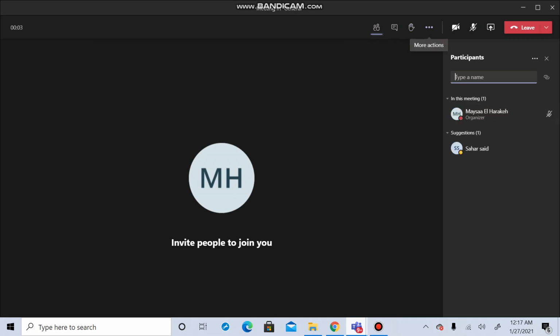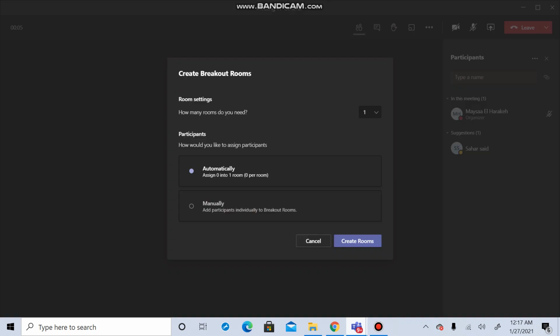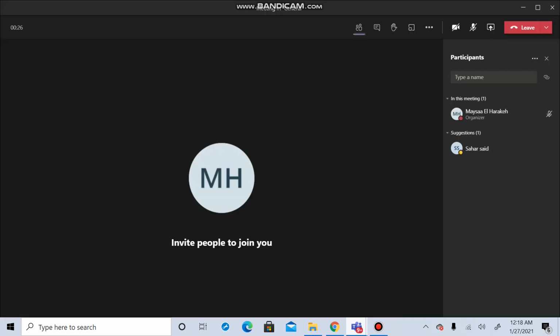Here you have the breakout rooms. You can divide the students either automatically or manually. You just need to choose here the number of rooms, and that's it. You divide depending on the number of students you want, and you just create your rooms, and then you are ready for your students to work.